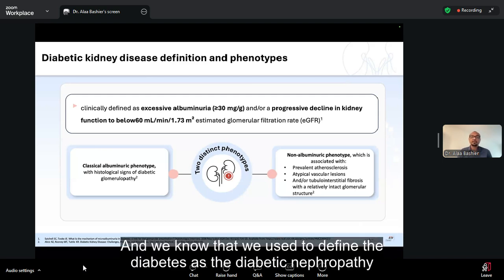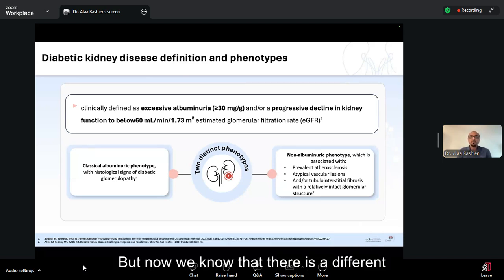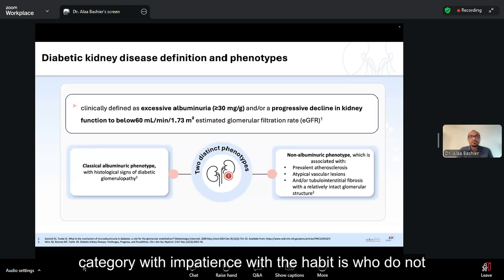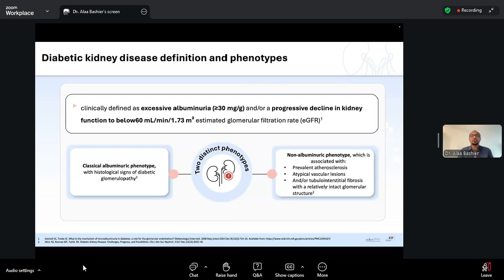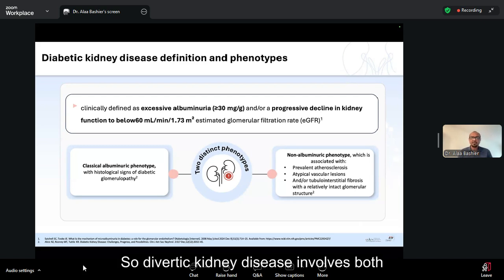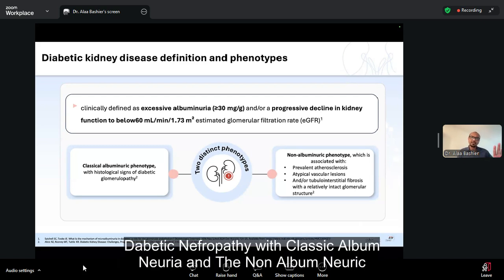We used to define it as diabetic nephropathy, but now we know that there is a different category in patients with diabetes who do not present with albuminuria, defined as non-albuminuric diabetic kidney disease. So diabetic kidney disease involves both diabetic nephropathy with classic albuminuria and the non-albuminuric kidney disease.